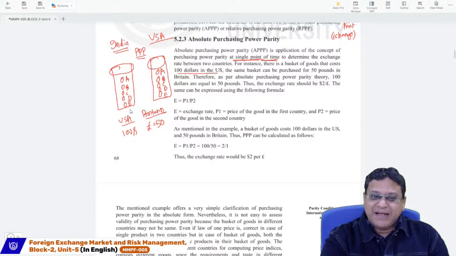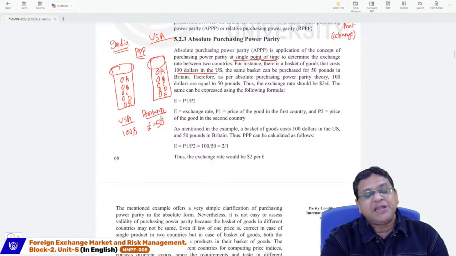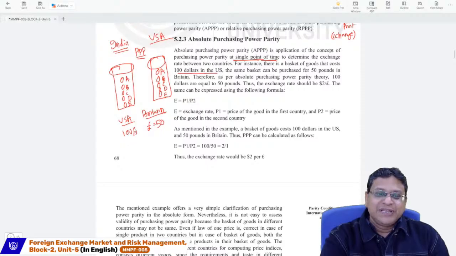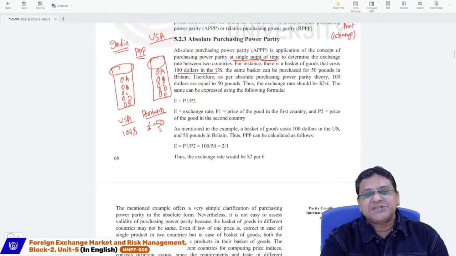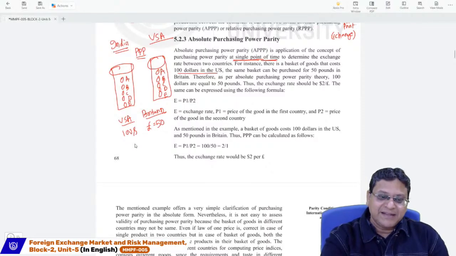The price of similar goods must be similar, and PPP theory tells that the price of a similar basket must be similar. The basket of goods costs $100 in the US and in Britain it is 50 pounds. So I can say that 50 pounds is equal to $100. So the exchange rate will be 1 pound equal to 100 by 50, that is $2.